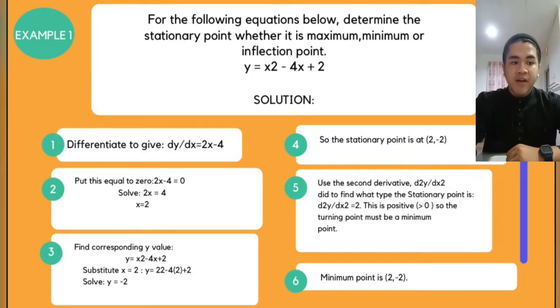And step 5: use the second derivative d squared y over dx squared to find what type the stationary point is. d squared y over dx squared equals 2, this is positive, greater than 0. So the turning point must be a minimum point. And the last step, step 6: the minimum point is (2, negative 2).